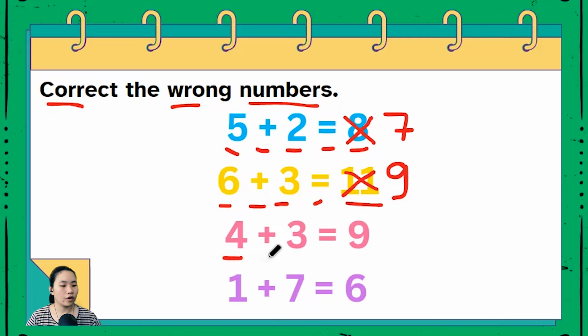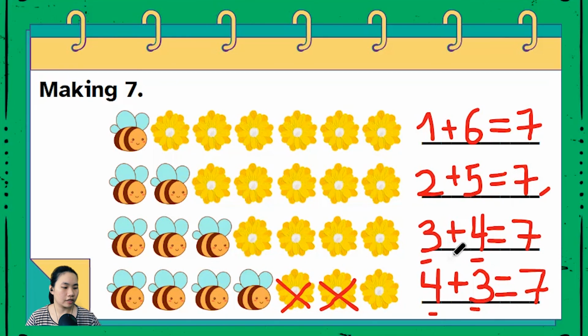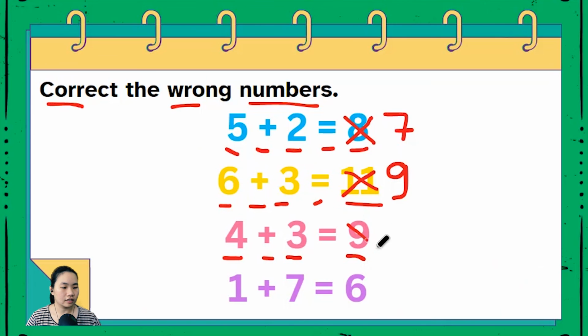Next up, 4 plus 3 equals 9. Is that correct? Well, not really, okay? Let's go back to the slides. 3 plus 4 equals 7. So it is 7, not 9.